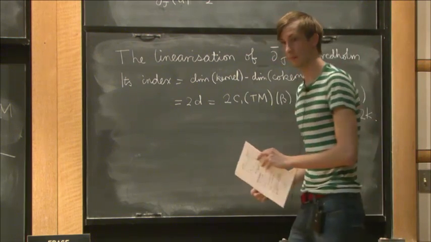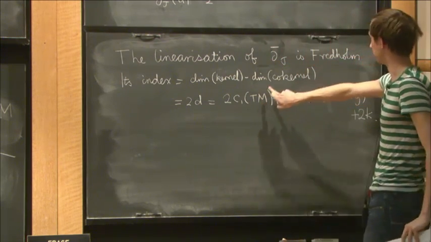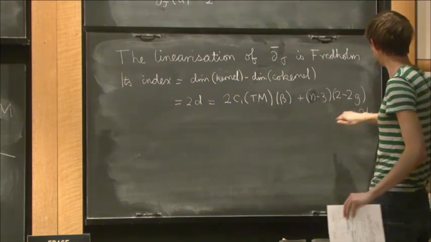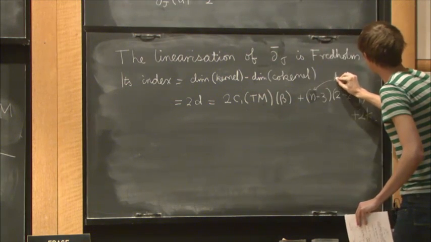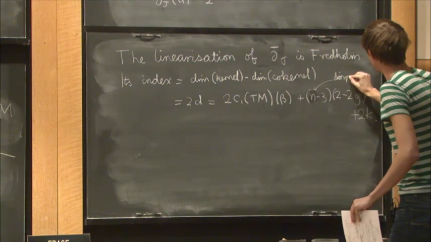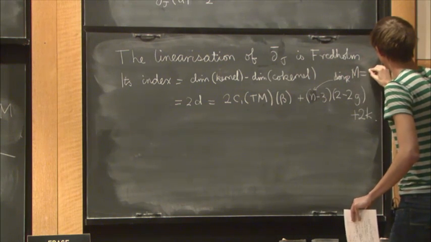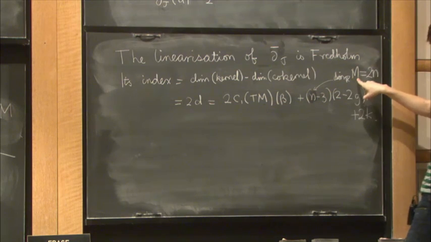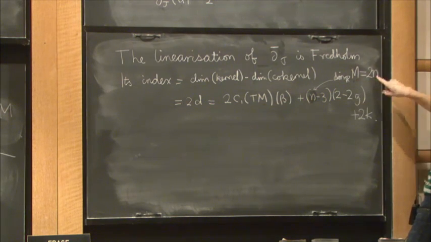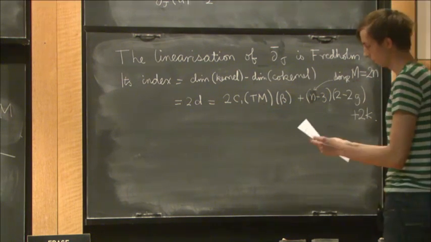What's that? M is the manifold that... N is... the real dimension of our manifold is 2n.